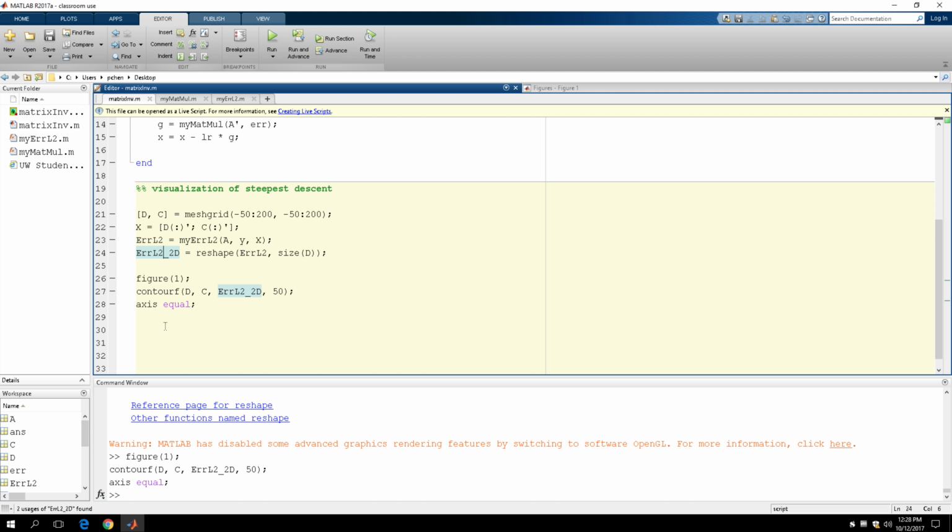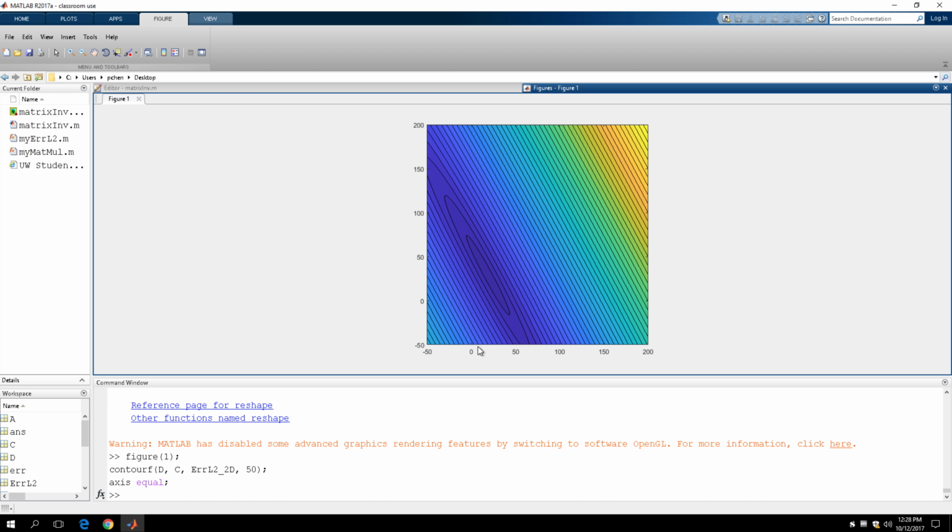So now, this is just the contour plot that shows you how the difference between the predicted and the actual y is going to vary on this two-dimensional dog-chicken plane, right? The horizontal axis is the number of dogs, and the vertical axis is the number of chickens.